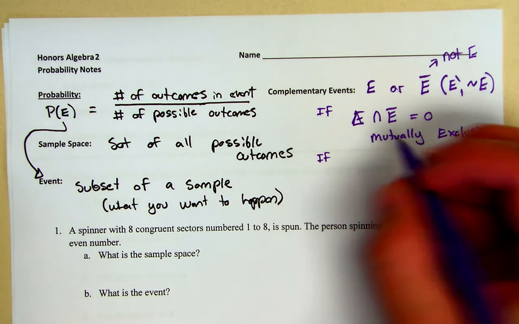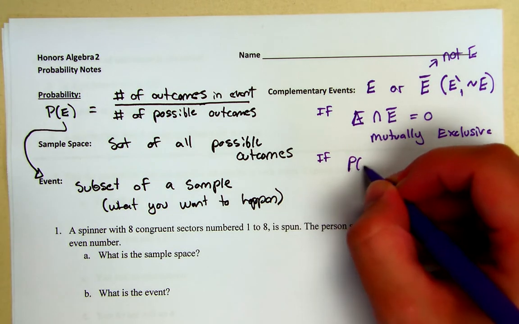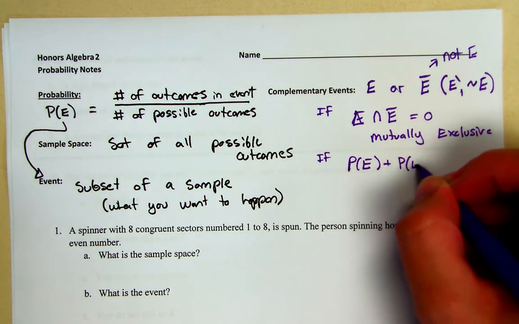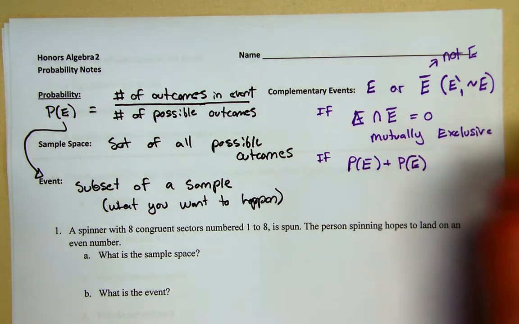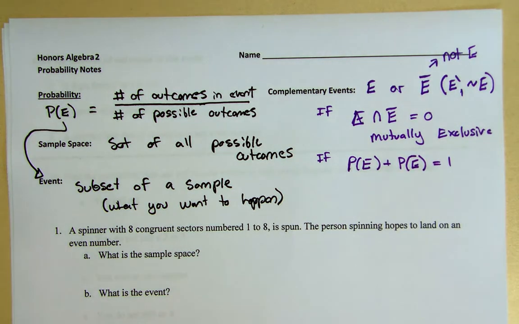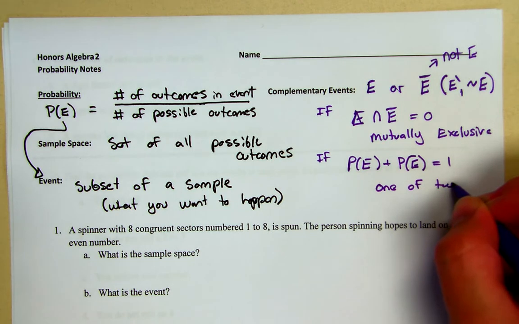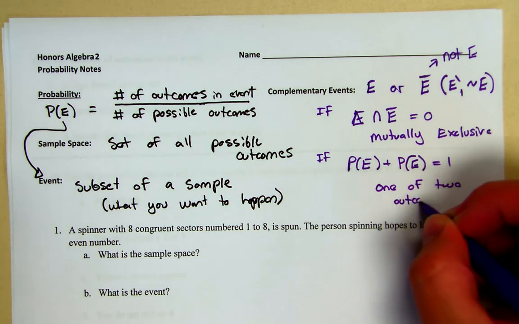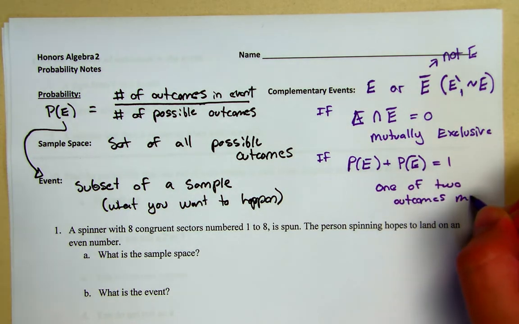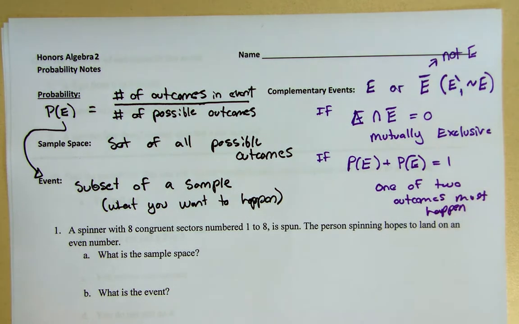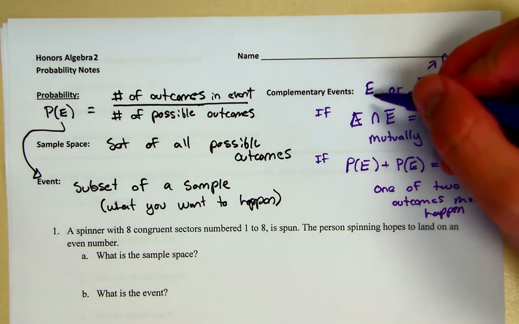If the probability of event E plus the probability of the event not happening equals 1, that means one of two outcomes must happen. So think about this as flipping a coin and getting heads.